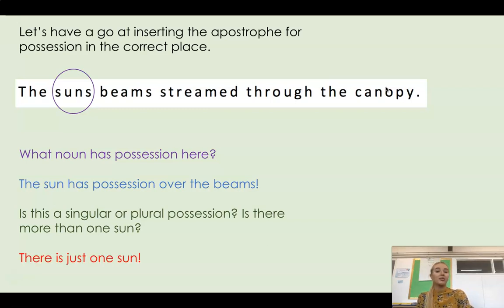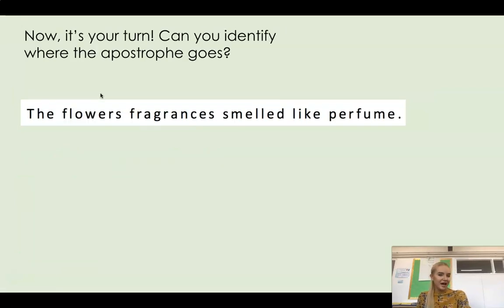So that means that our apostrophe should go before the S or after the S. That's right, it should go before the S because there's just one sun and it owns the beams. Super job. I would like you to have a go at reading the sentence, identifying where your noun is and where the apostrophe goes. So pause the video, have a think, write the sentence out and insert the apostrophe.